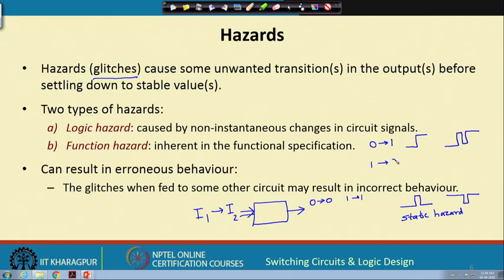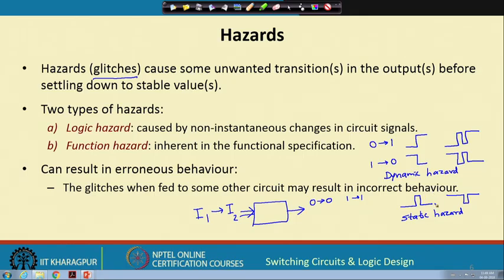Similarly, for 1 to 0, instead of making a clean transition, it makes a transition like this. These are also glitches. This is called dynamic hazard.